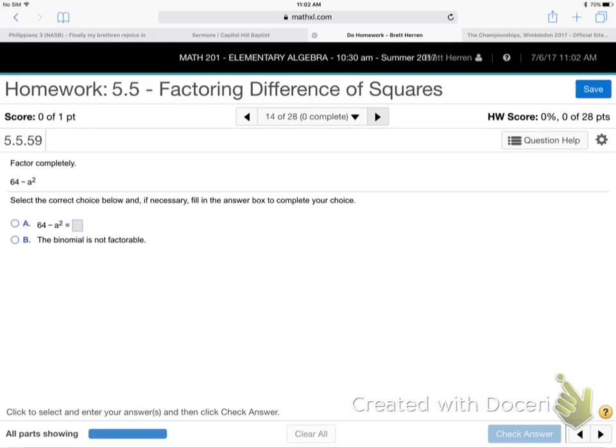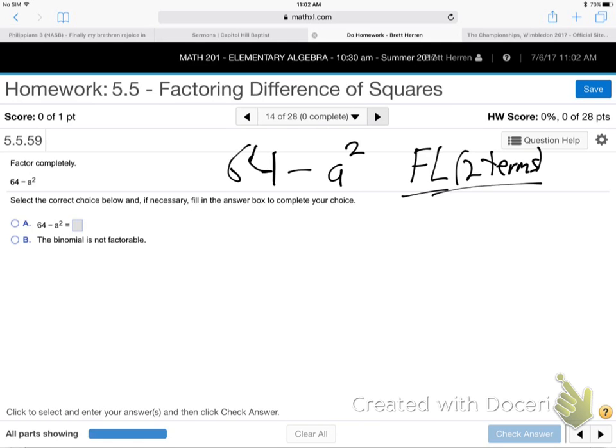We don't care about the powers, we want minus in the middle. So 64 minus a squared. Notice this one, right? Let me write again. For FL, two terms, minus in the middle required.